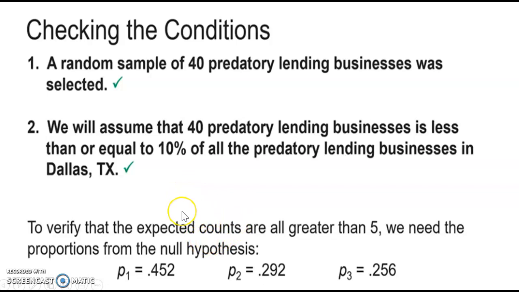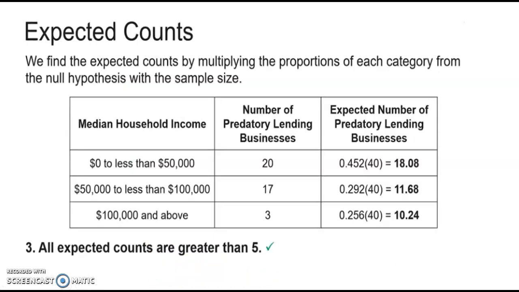And to verify what we expect the counts to be, in order to see if they're all greater than 5, we need to take the proportions and actually multiply by the sample size. So if you take the proportion, multiply it by the sample size, we can expect there to be 18. If we take the proportion, multiply it by the sample size for this category, we expect to be 11, and so on. So notice all 3 of these expected counts are greater than 5.